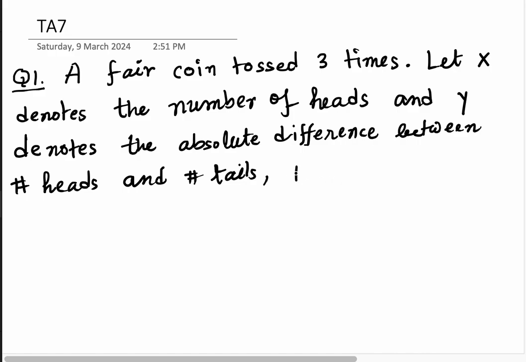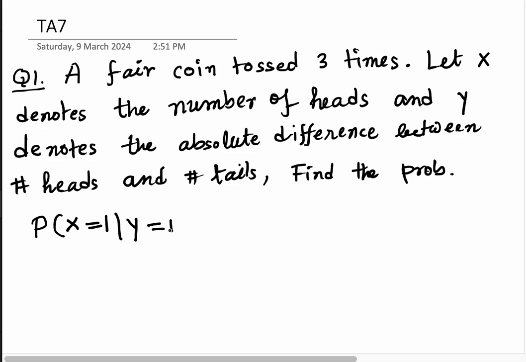Now we have to find the probability of getting one head, given that the difference between the number of heads and tails is 1. So you have to calculate that.